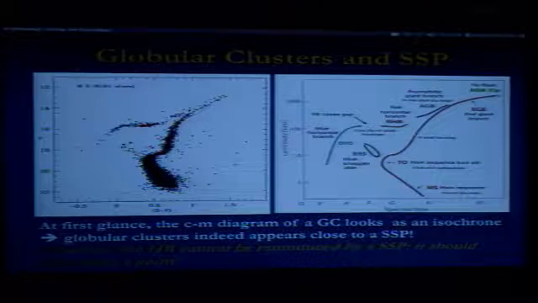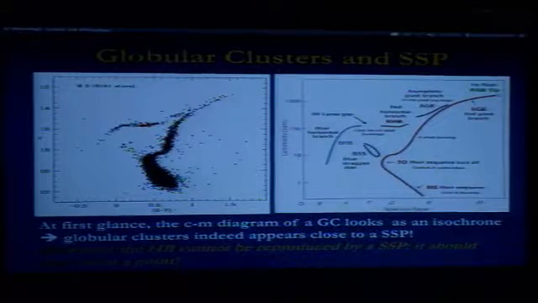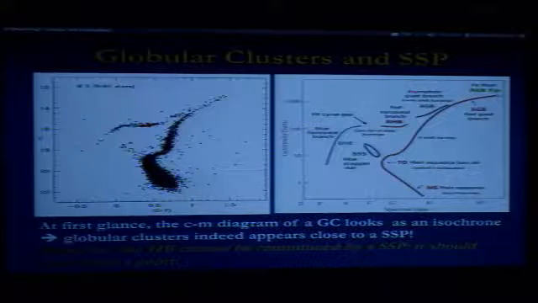However, even at a very first look, one should immediately see something very strange, because in an isochrone, the horizontal branch should be very, very short, essentially a point. So why is it so extended?